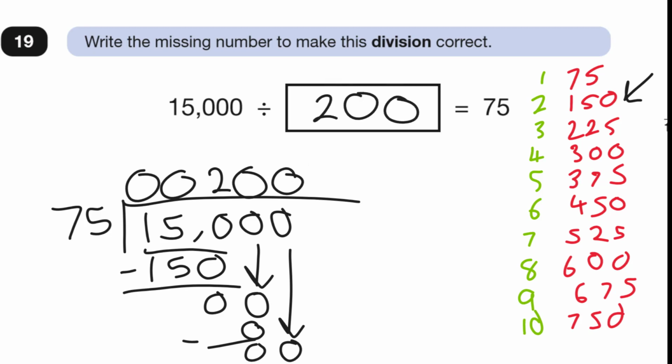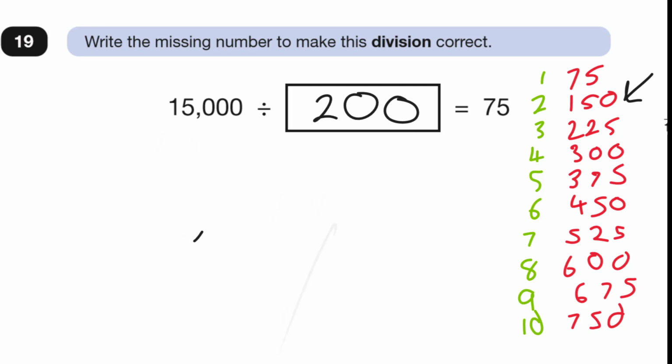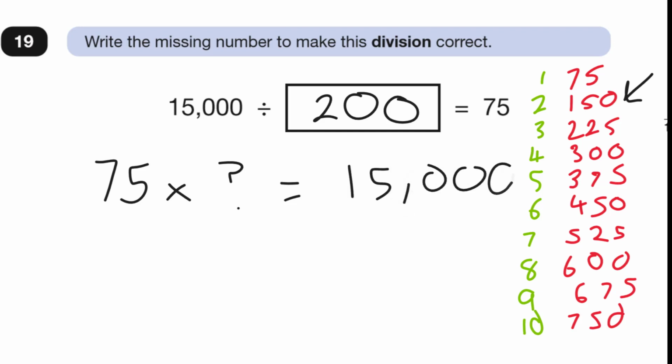Another way you might have looked at it is 75 times something equals 15,000. And then it's just about recognizing some of the numbers in here, thinking about place value and recognizing a pattern.